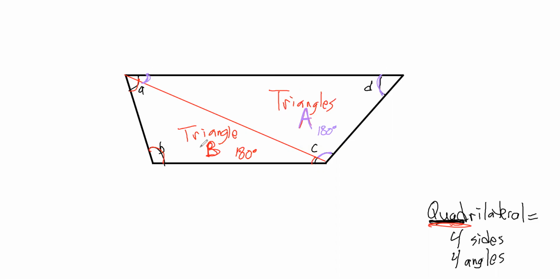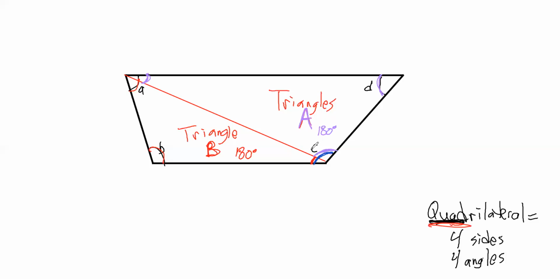If we think about the angles, we actually cut up these angles. Instead of this being one big angle, angle C, we broke it up into two smaller angles. With triangle B, it's this angle, and with triangle A, it is this angle.